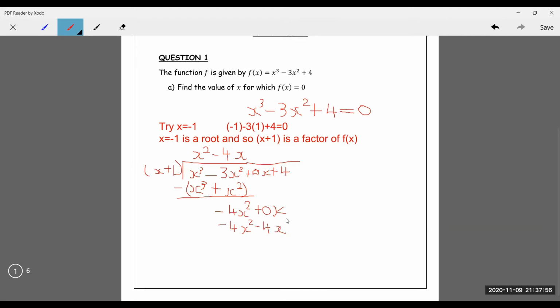And then we subtract the two. So we have minus 4x squared minus minus 4x squared, that is gone. Now 0 minus minus 4x becomes plus 4x, plus 4.